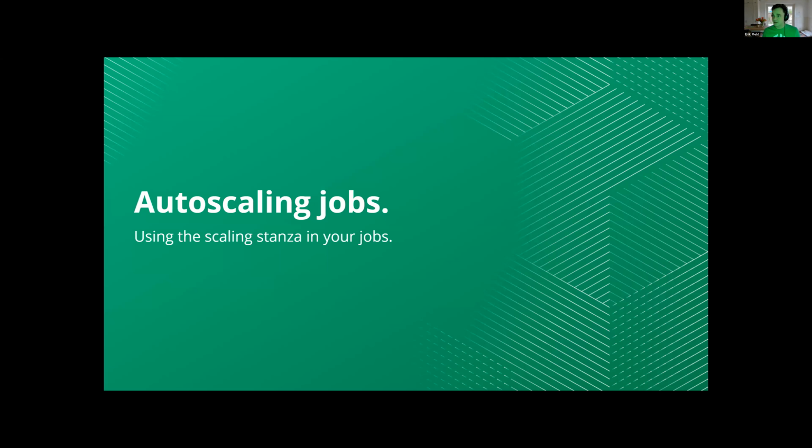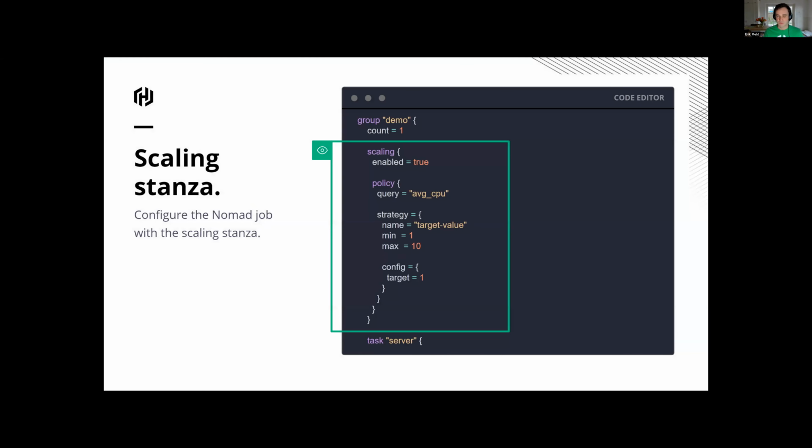Now that we are running the autoscaler, how do we then actually get our jobs to autoscale? There is a new stanza block, the scaling stanza block, which allows us to specify scaling for our task groups. So per task group, you can specify if you want scaling enabled, and then define policies which the autoscaler should react to.